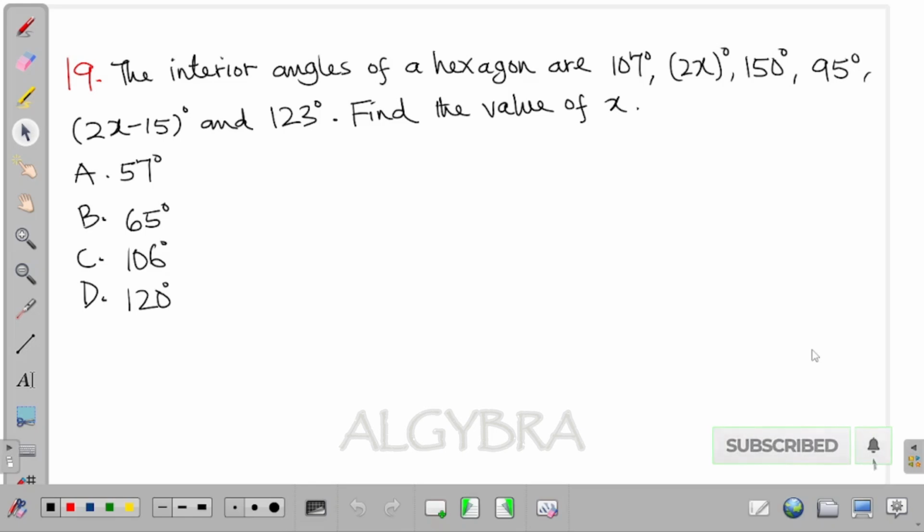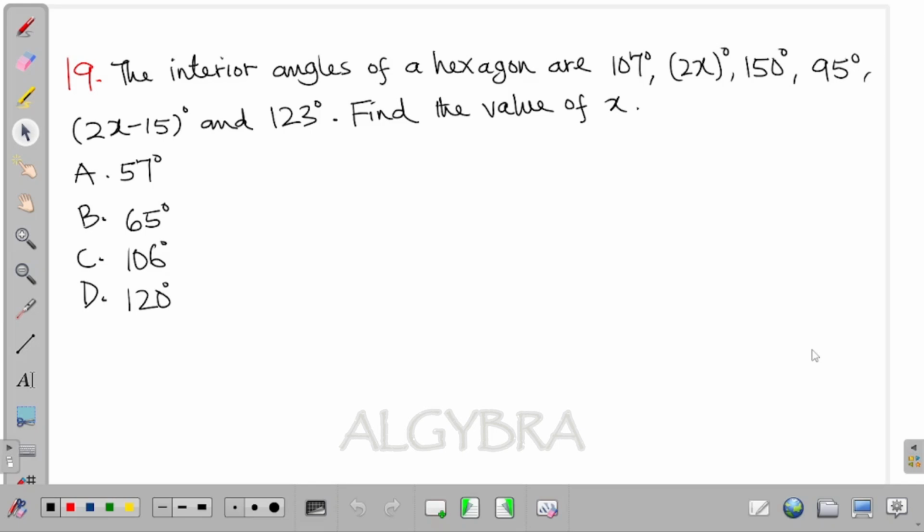Find the value of x. The options are A is 57 degrees, B is 65 degrees, C is 106 degrees, and D is 120 degrees. Okay, so let's solve this question right now.